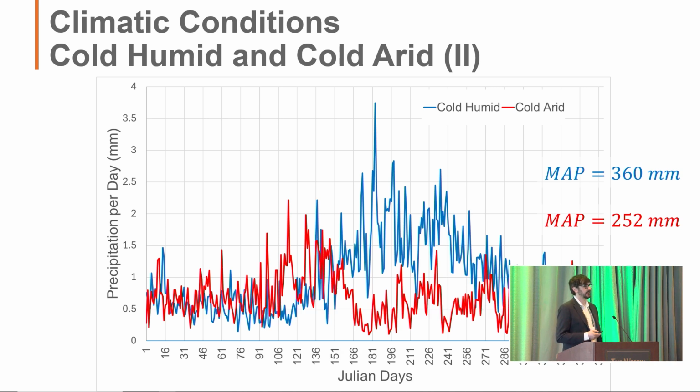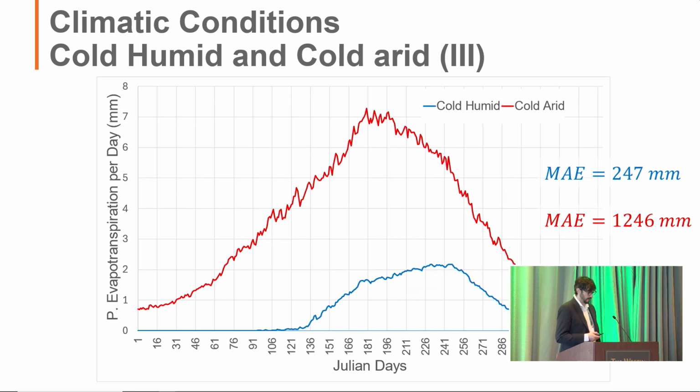You can see from here that the humid and arid scenarios are not so different, but the humid one is 40% higher. But when we go to the potential evapotranspiration, the arid scenario has at least 5 times higher values. So that means that we may expect quite different results.